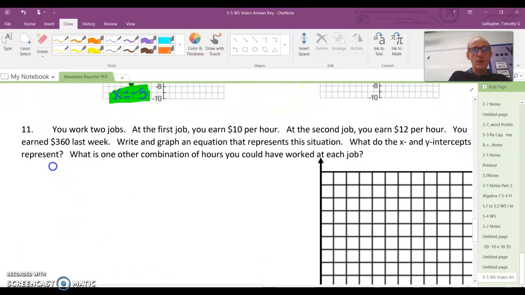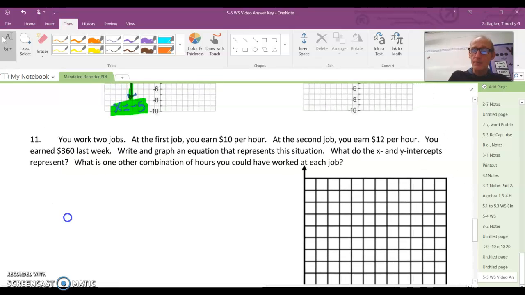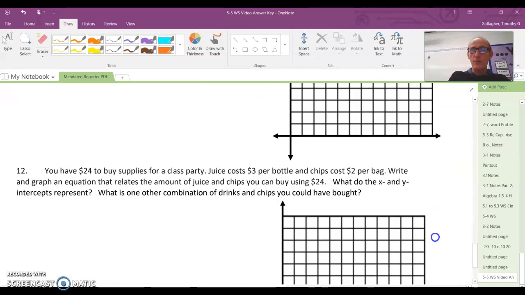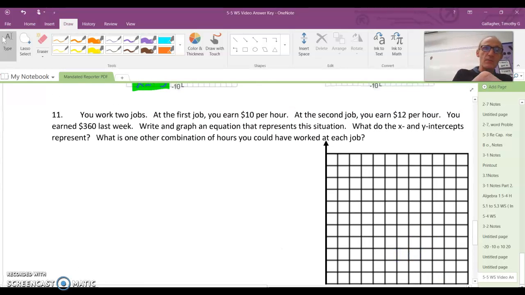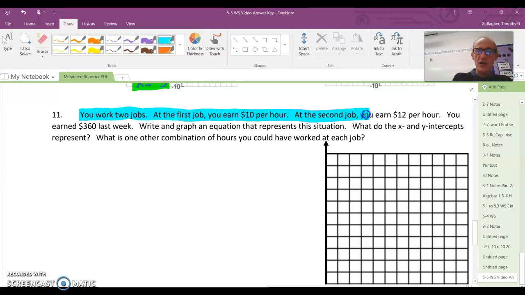All right, number 11 is a word problem, all right? And the word problem, number 11 and 12 are word problems. So in this word problem, it says this: you work 2 jobs. At the first job, you earn $10 per hour. At the second job, you earn $12 per hour. That's your X and Y, by the way.